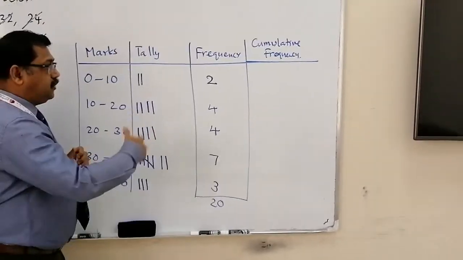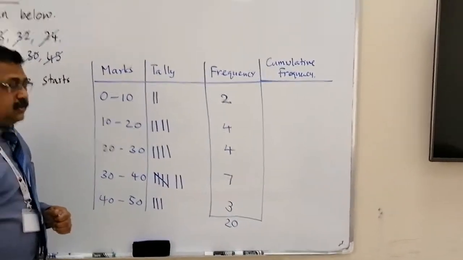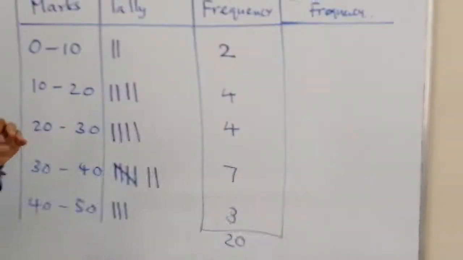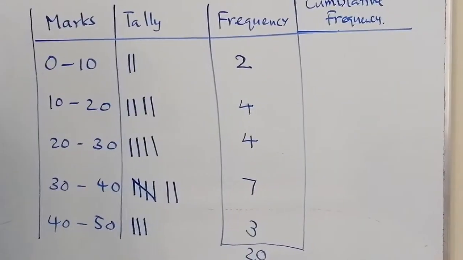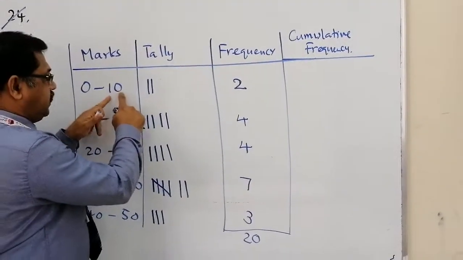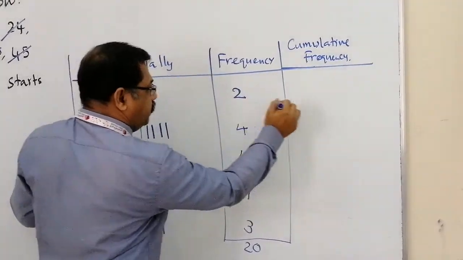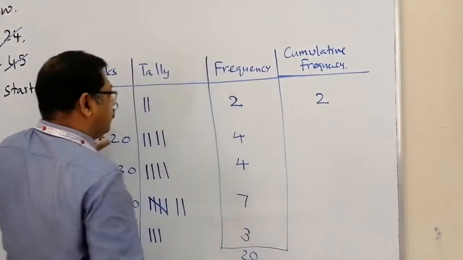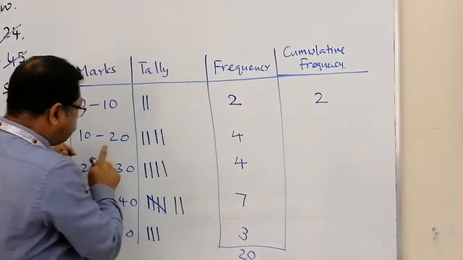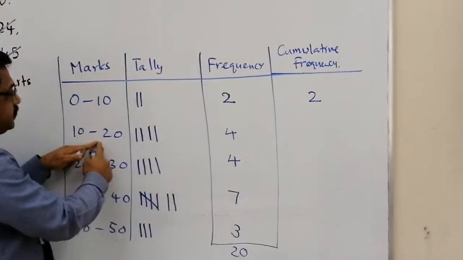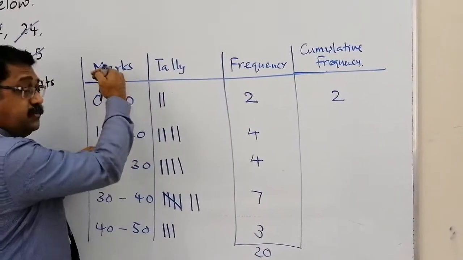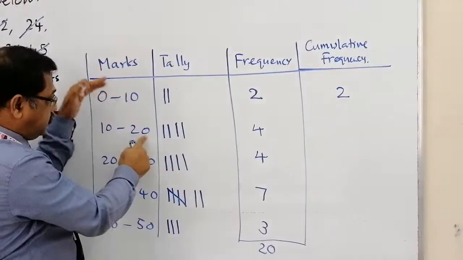Now we go to the cumulative frequency. As I told you, cumulative frequency means the running total of frequencies. Up to 10, the frequency is 2. Now the cumulative frequency for this class means the frequency up to 20 from the beginning.